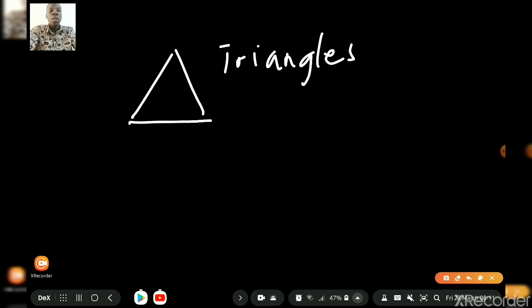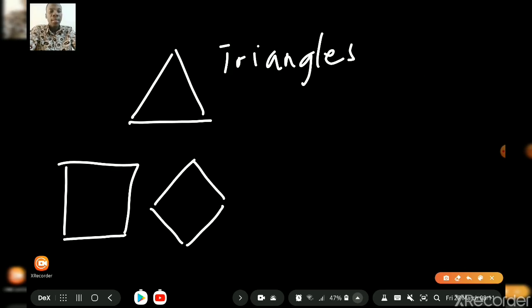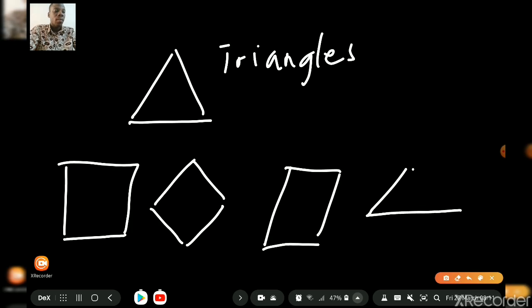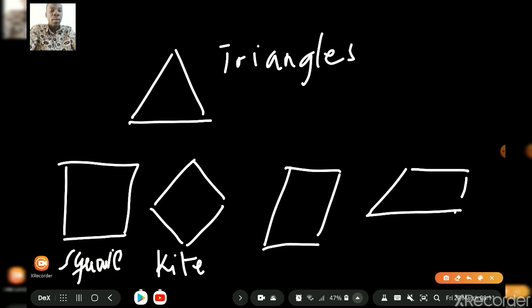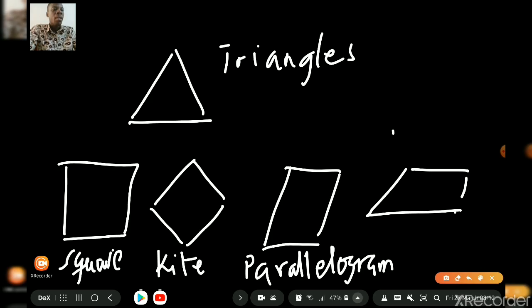When you take any 4-sided figure like this, this is a square, this is a kite, this is a parallelogram, and this is a trapezium.